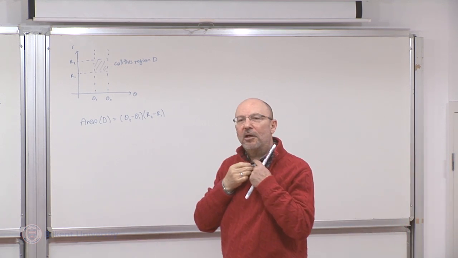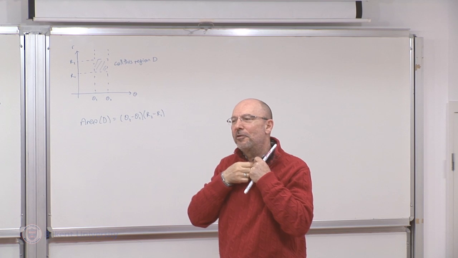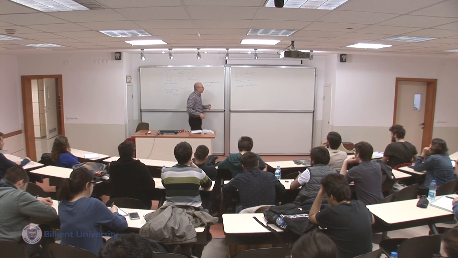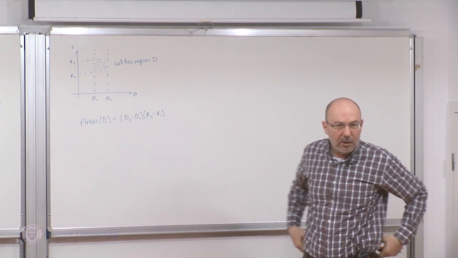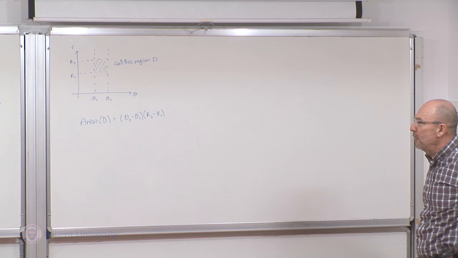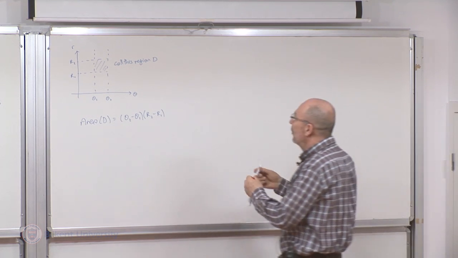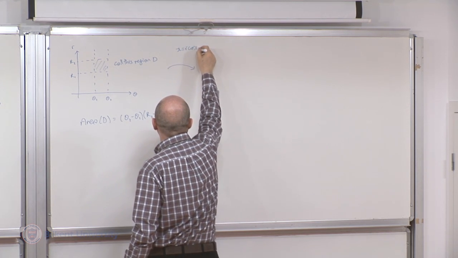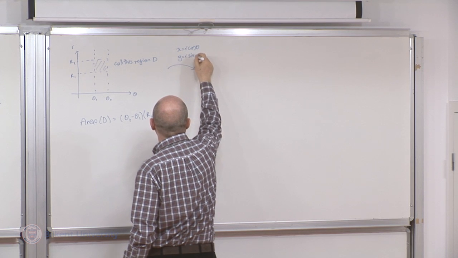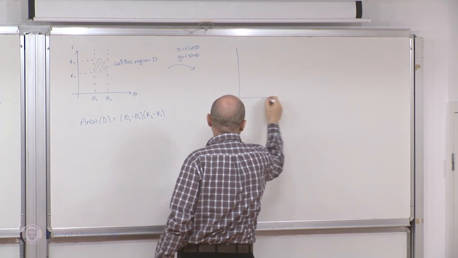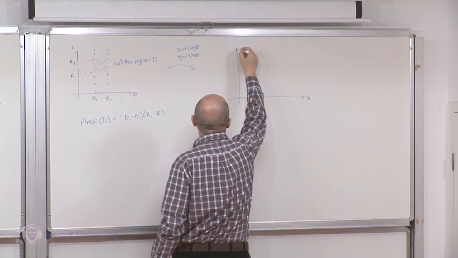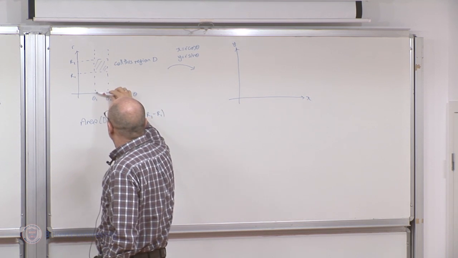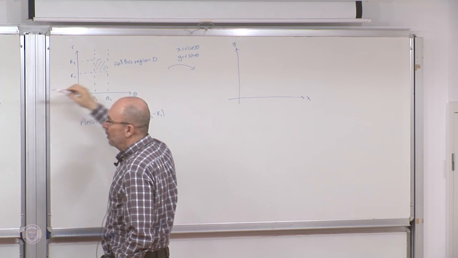Let us send this region to the Cartesian coordinates and see what it looks like. We are sending this over here with x equals r cos theta, y equals r sine theta. This one goes to a ray, as we did there.